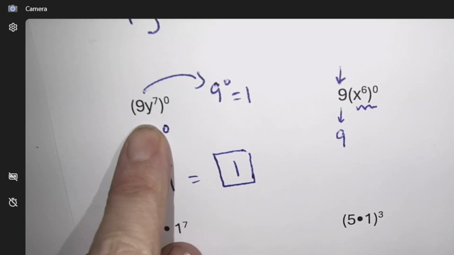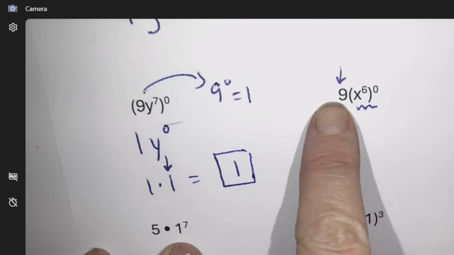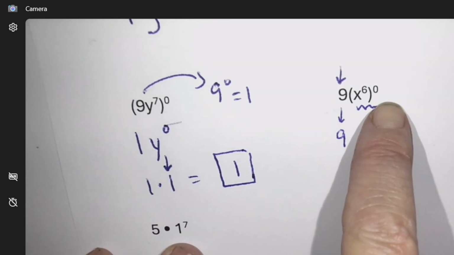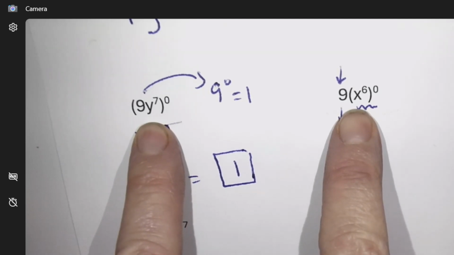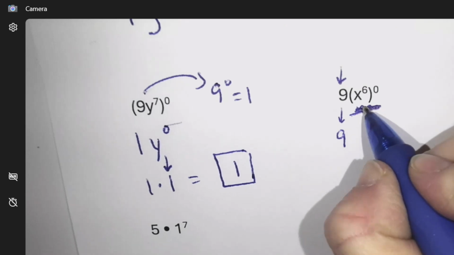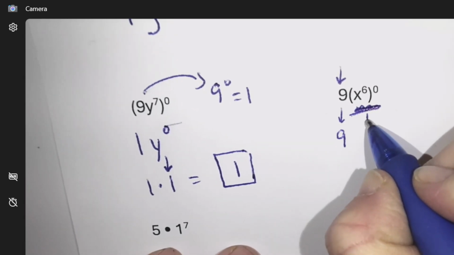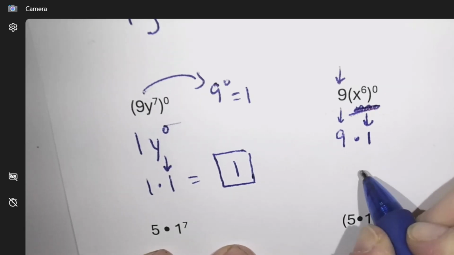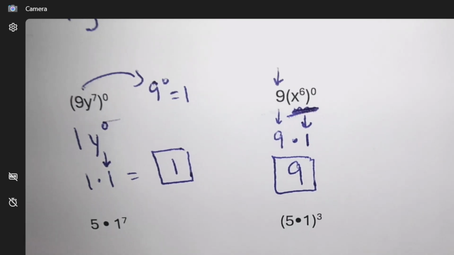Did you see here the 9 and the exponent? They're connected. But the 9 is separated from that exponent here. The difference. Are we understanding that format? Okay? So what is this? X to the 6 to the 0 is going to be a 1. So 9 times 1. I told you.